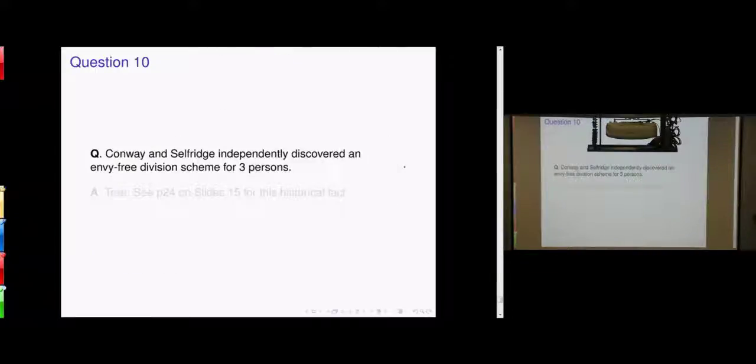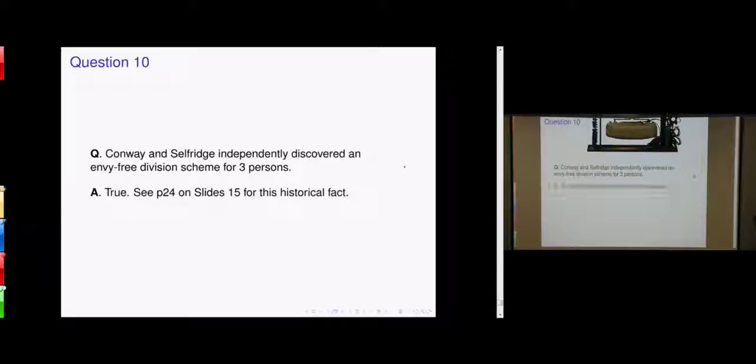Okay, so we are almost finishing, because I will leave some problems for Friday. The next question is a historical question again. Conway and Selfridge independently discovered an envy-free division scheme for 3 persons.